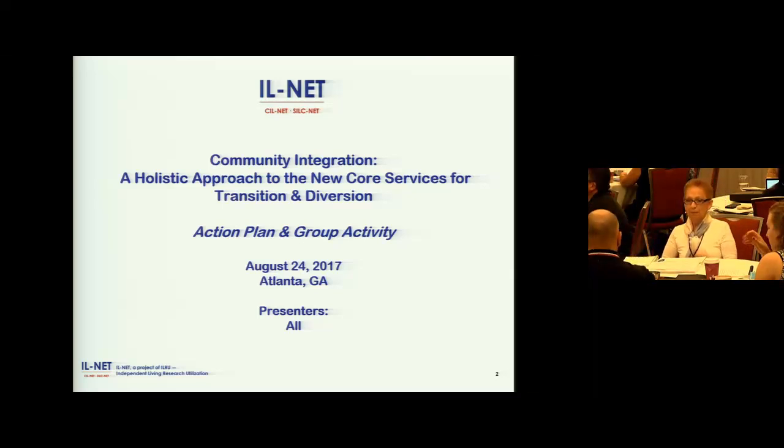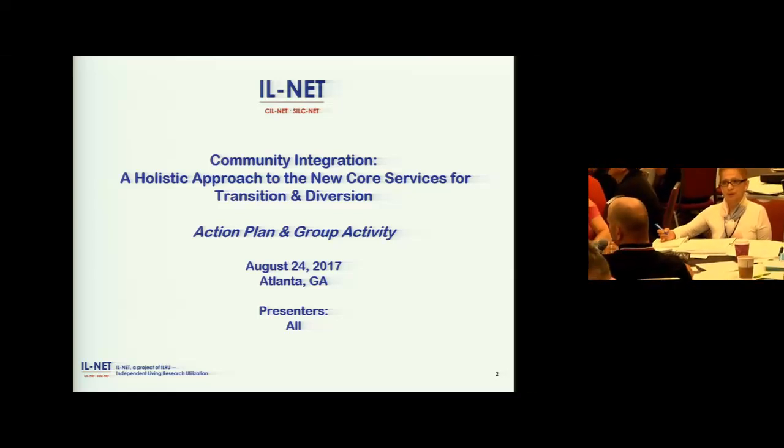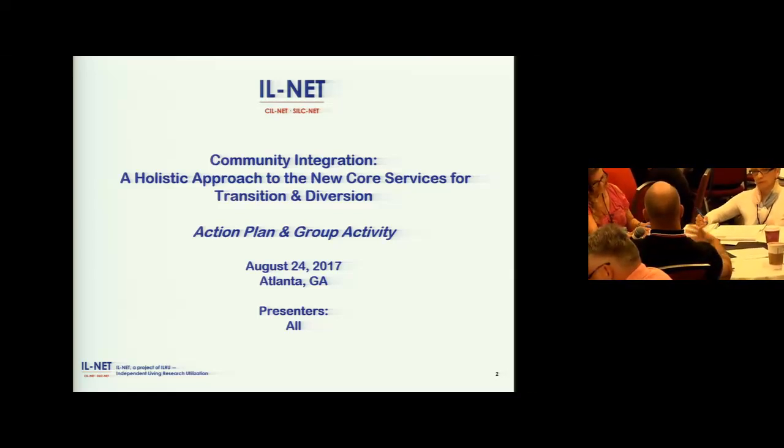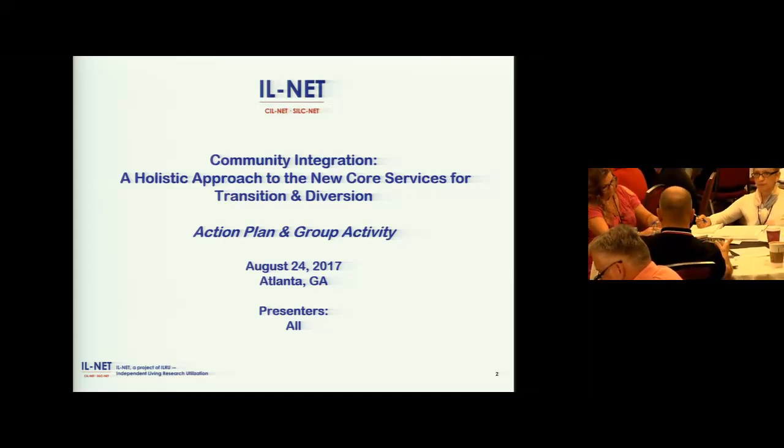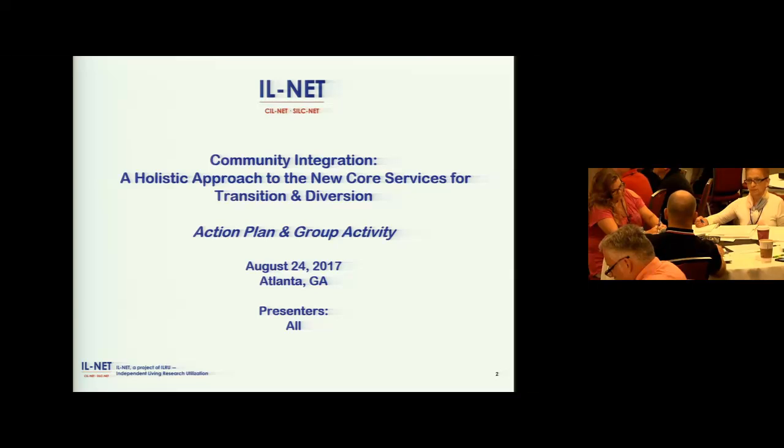Some of the assets to build on, one of the assets that we have in this CIL that I work in is strong and broadened community partnerships with folks outside of the independent living community. That goes beyond the VOC rehabs and the community rehab providers and other disability-related organizations in the community to enlighten groups like the ACLU and United Vision for Idaho and other organizations that would typically be in support of what we do.